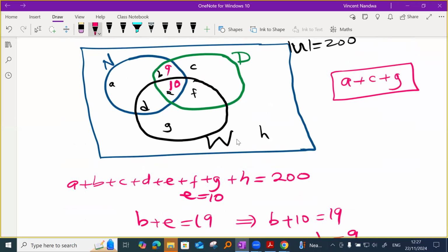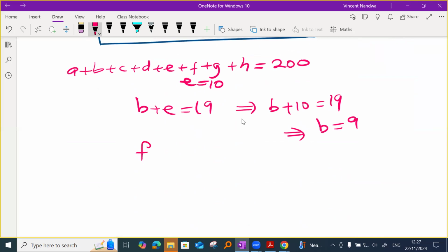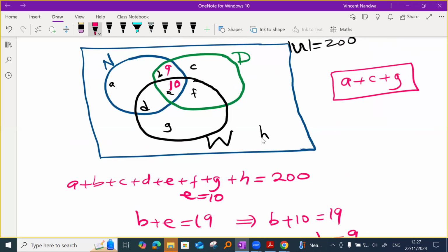Where the green and black circle meet is F and E. So E plus F should give us 29. So F plus 10 equals 29. What is the value of F? 19. So F is 19, fixed here.